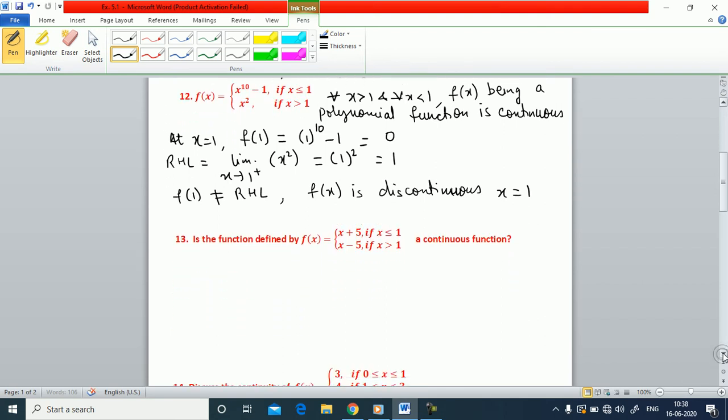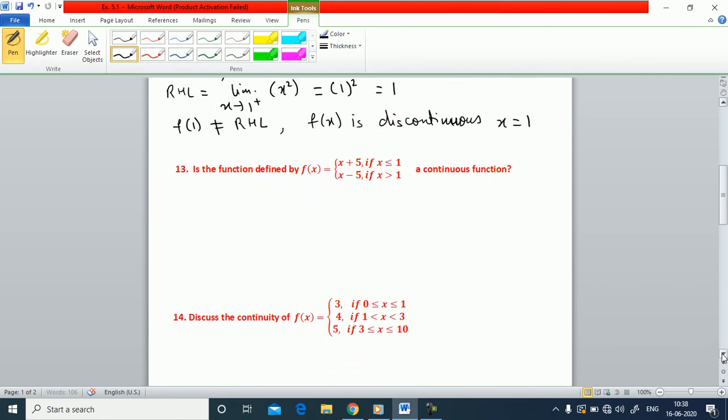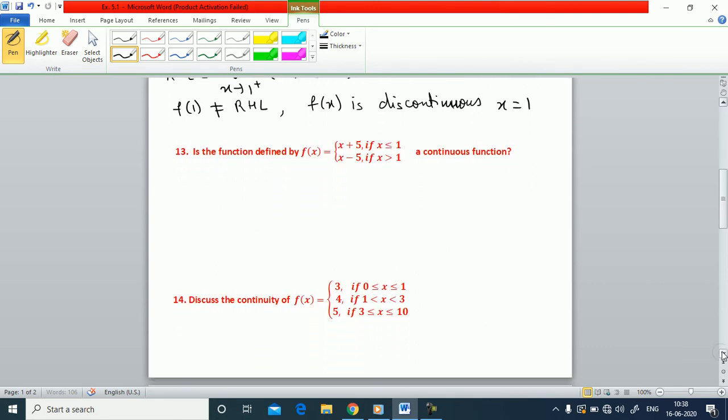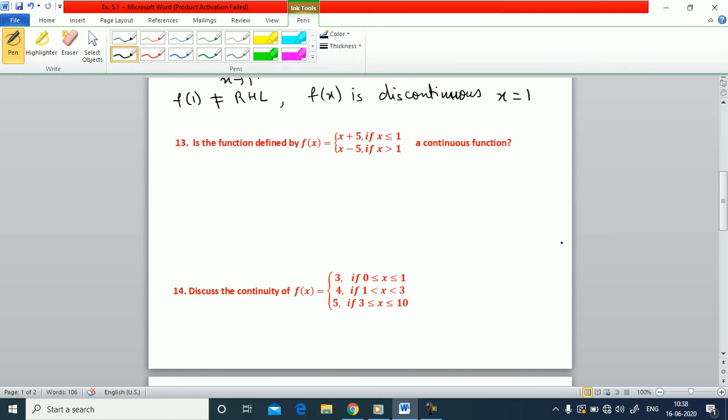Now look at the next one. In this one, they are asking whether the given function is a continuous function or not. It means the same: if we are able to show that for each real value of x the function is continuous, it becomes a continuous function. If you are able to locate even a single point where continuity is not met, we will not call it a continuous function.